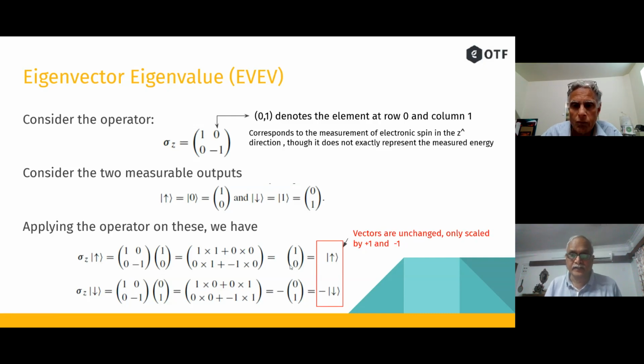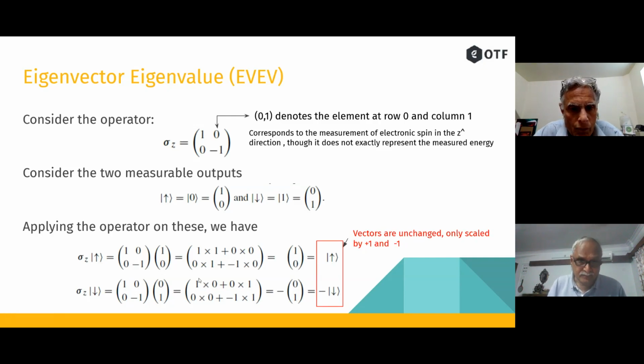So the transformed vector is absolutely identical to the original vector here. Okay, so this transformed vector is once again nothing but ket 0 only. Similarly, if I take ket 1, the spin down, once again the same operator, now operating on this column vector 0, 1 that denotes, let us say, spin down.